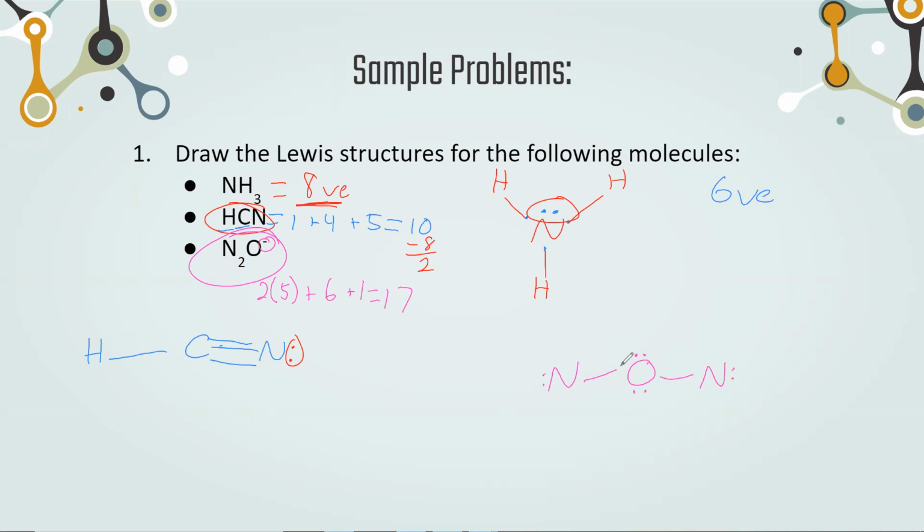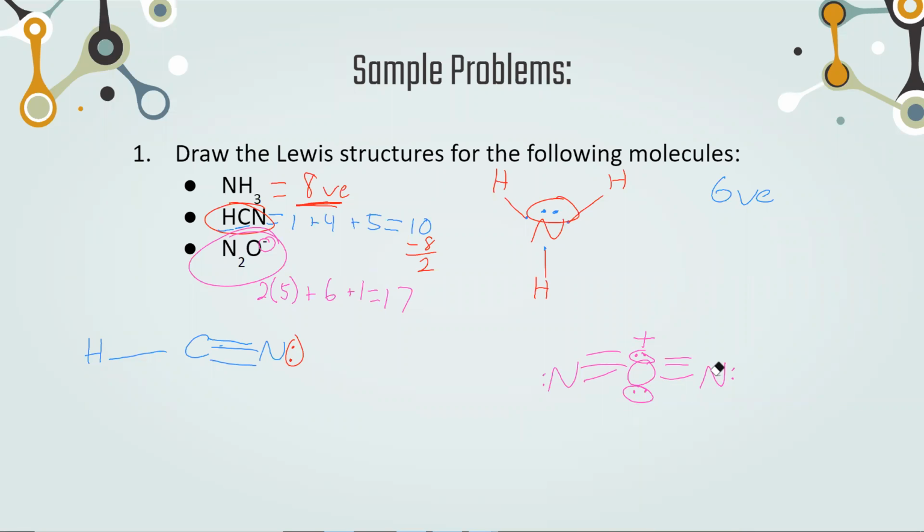And we could try to add more bonds to try and satisfy nitrogen's octet rule. But then what's happening if that takes place is there ends up being a positive charge on this oxygen, which does not match the negative charge that we are supposed to have. So that's actually not a good structure for N2O.